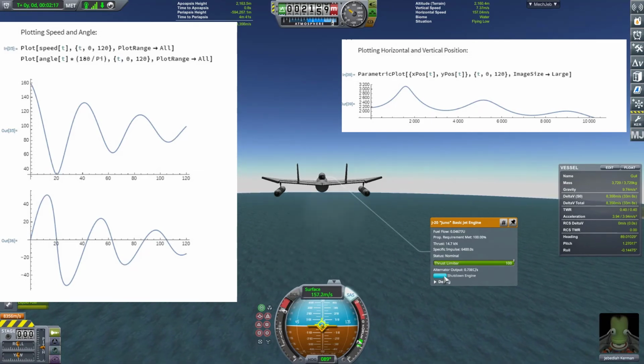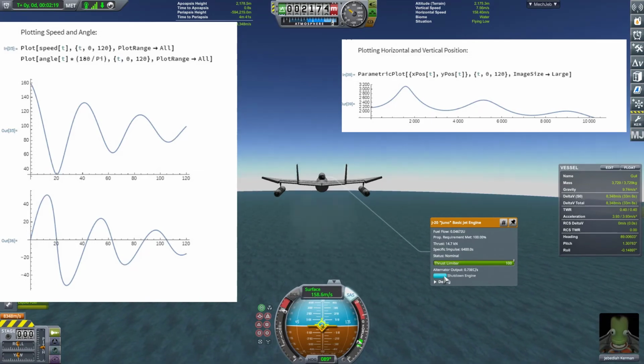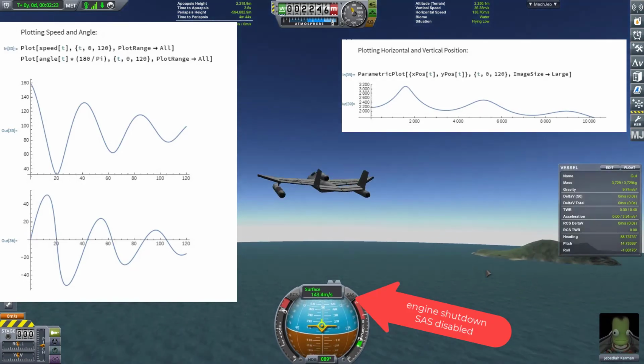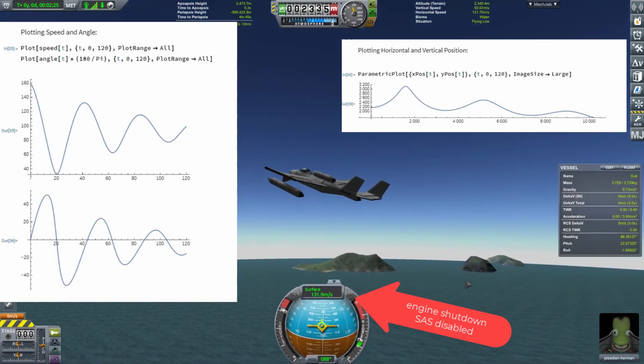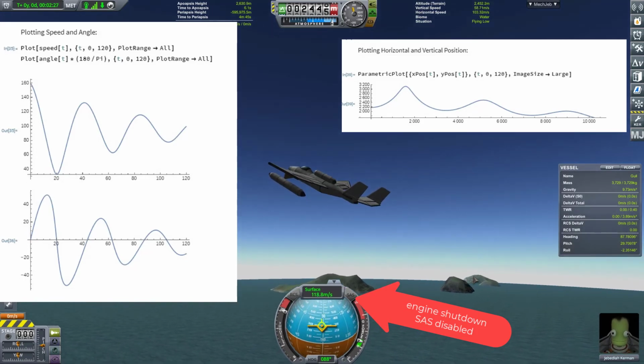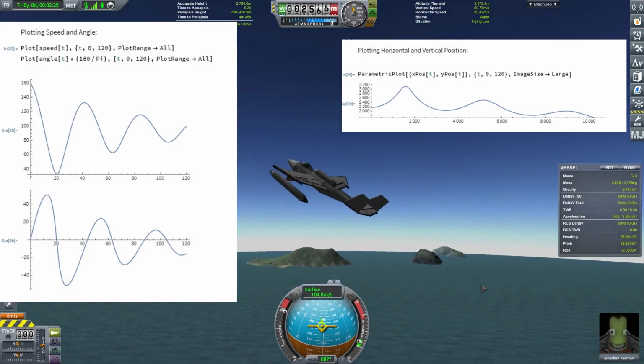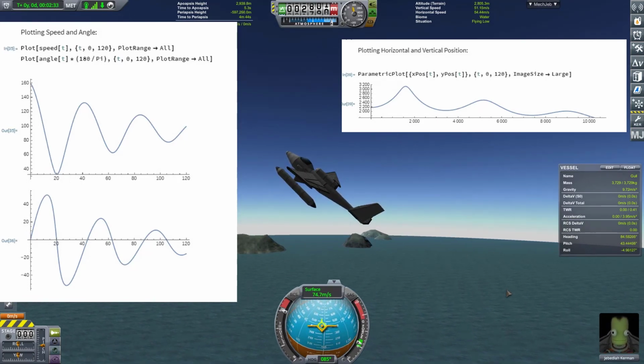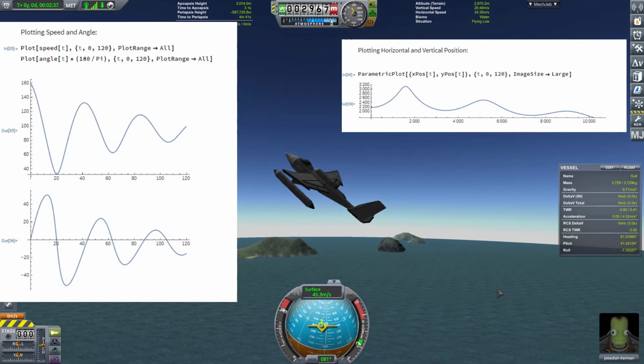So approaching engine shutdown right there. Then as soon as the engine is shut down and the SAS is disabled, the plane pitches up and the altitude increases, and we reach up to about 50 degrees pitch, and the altitude increases to 3,000 meters.